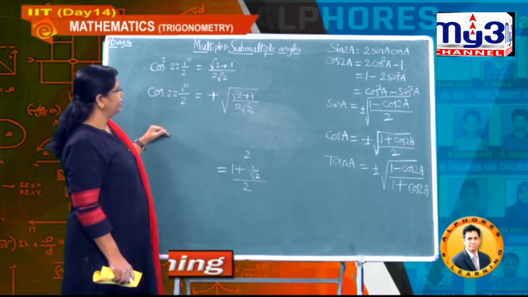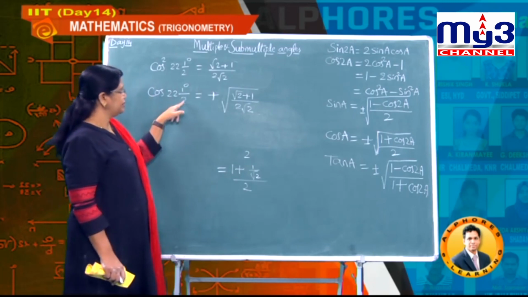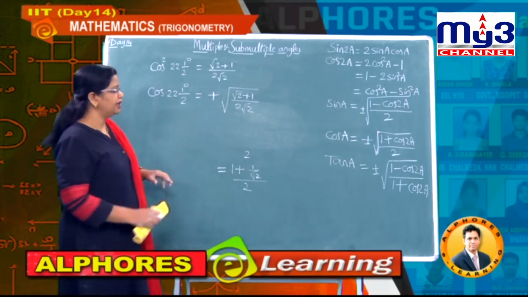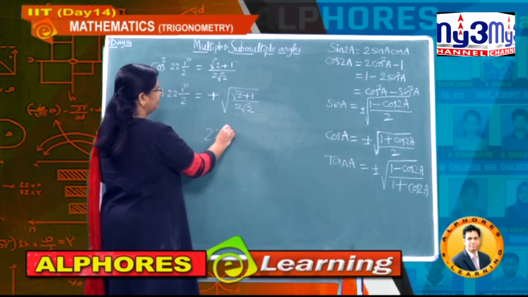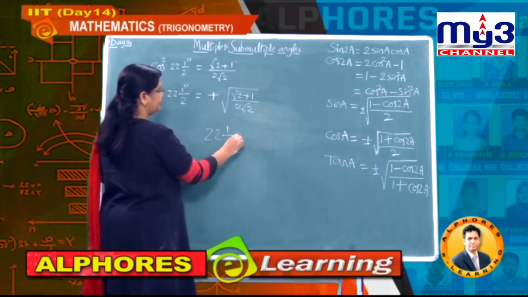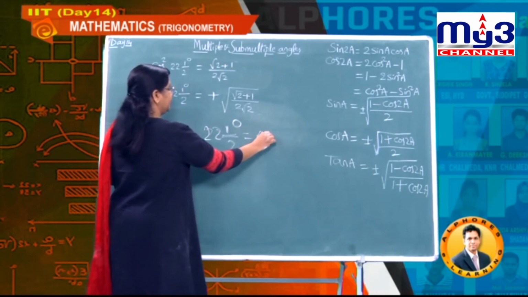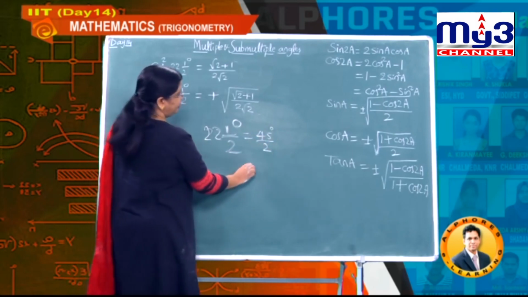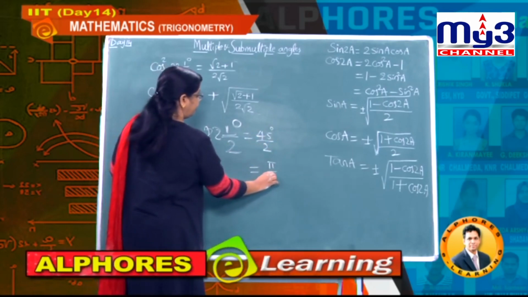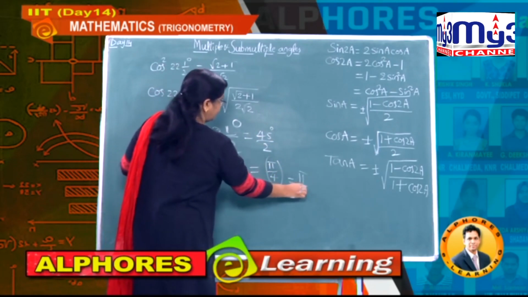In the same way you can deduce the sine value also. And what is it in terms of radians? 22 and half is nothing but 45 degrees divided by 2, and 45 is pi by 4, divided by 2, therefore it is pi by 8.